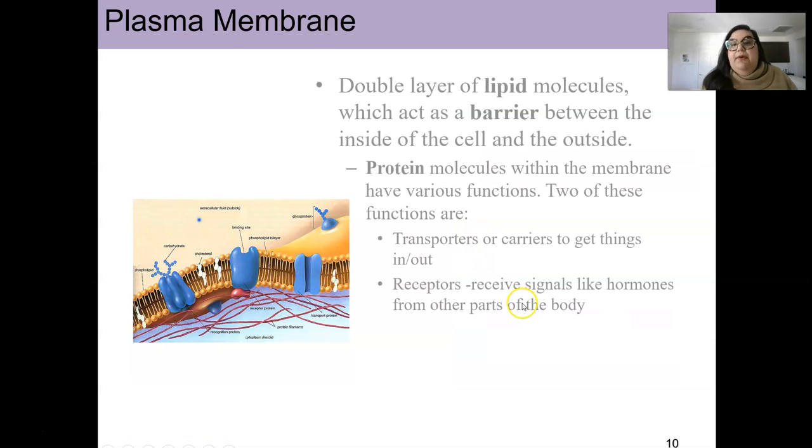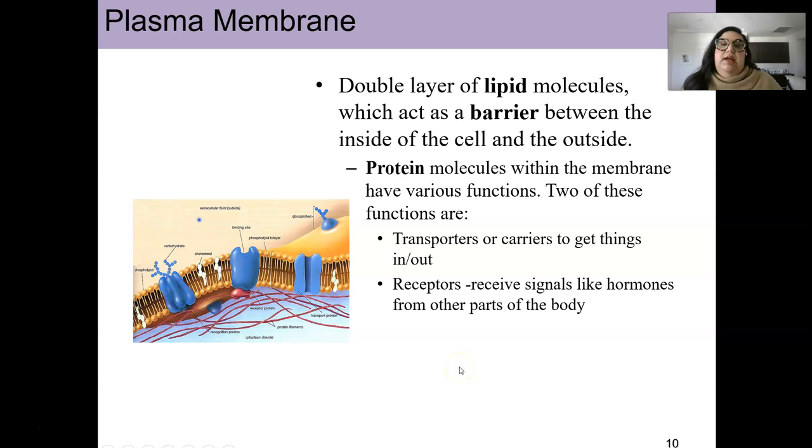The plasma membrane is special. It is a double layer of lipid molecules. Remember, lipids is one of our biomolecules that we talked about, which acts as a barrier, our insulator, our protector inside the cell.